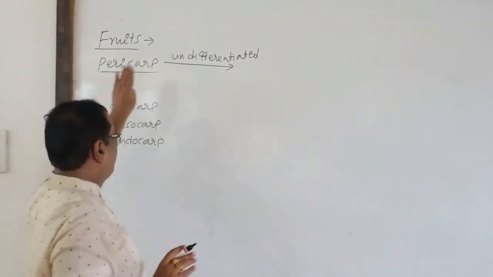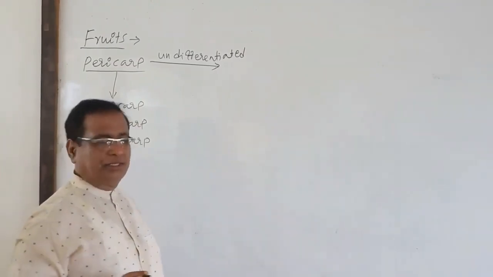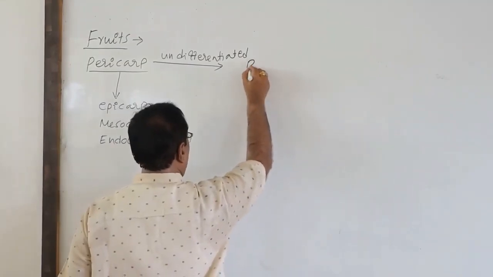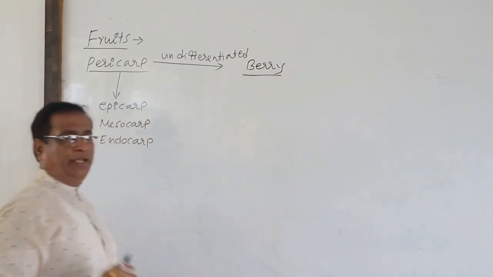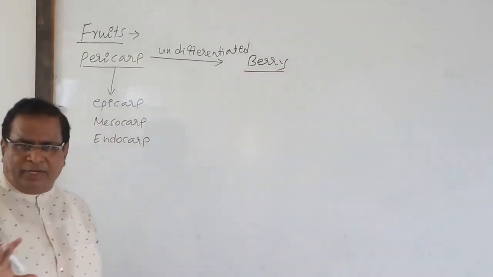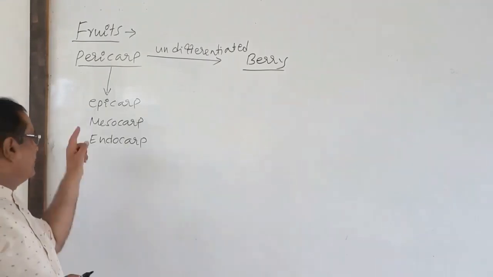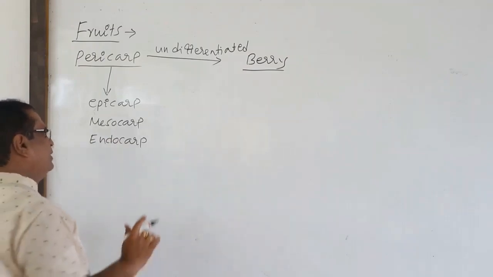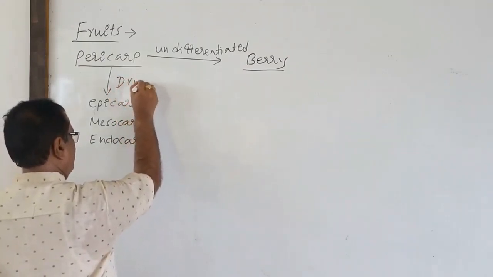Pericarp is a fruit coat. If the pericarp is undifferentiated, the fruit is said to be a berry. If it is differentiated into epicarp, mesocarp and endocarp, then that fruit is said to be a drupe.